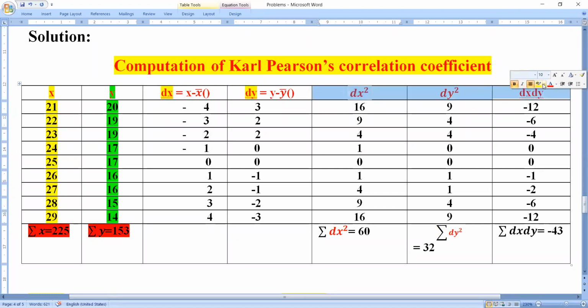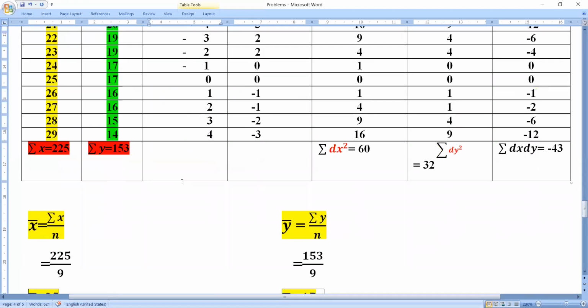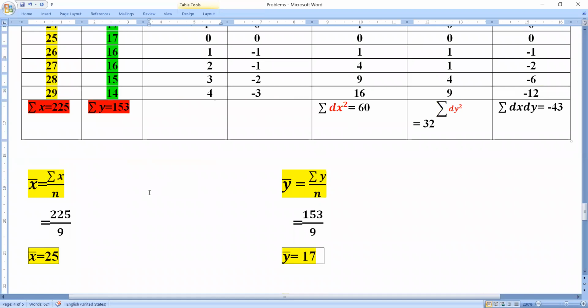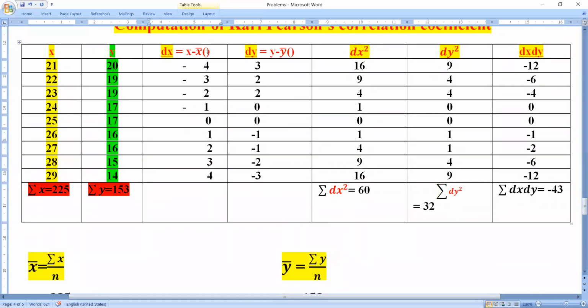These five are very important columns here. For dx, what is the mean value of the x series? The mean value of the x series is 25. Here we take into consideration the x series only.